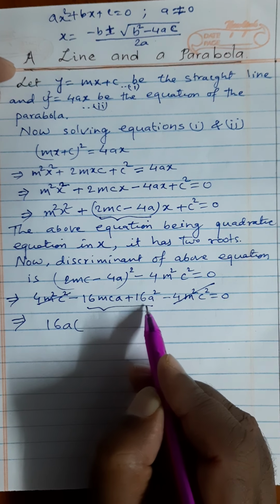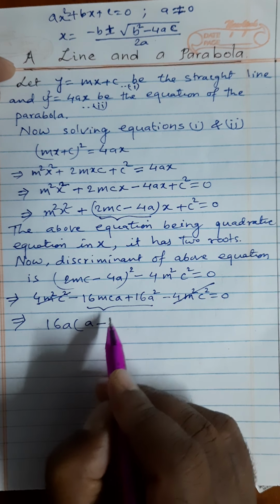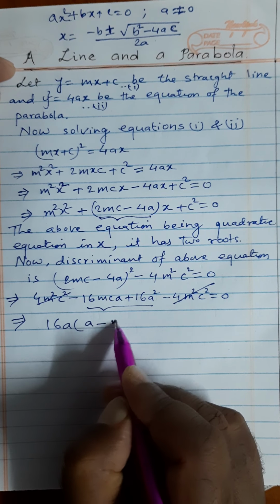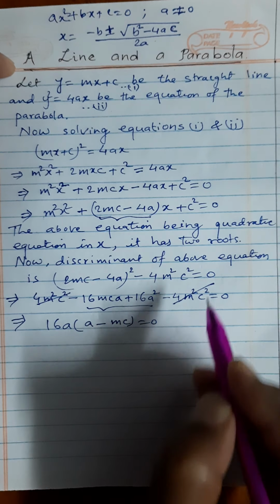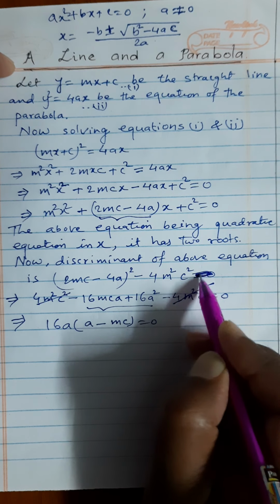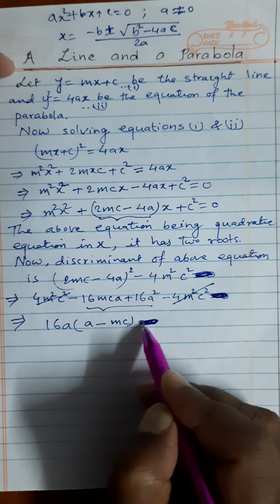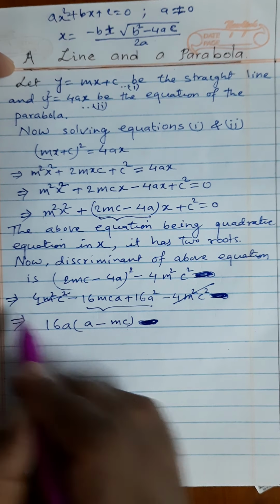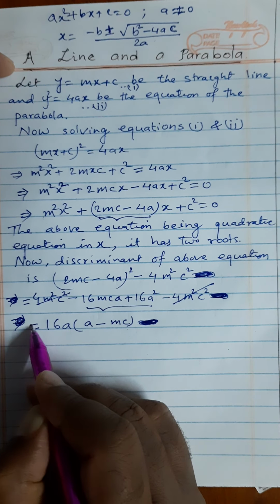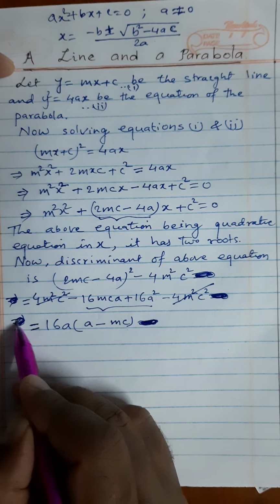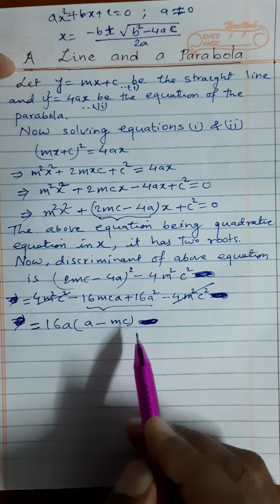Here 16a is taken out, so a will be left, minus mc. So the discriminant of this equation is 16a times (a minus mc).